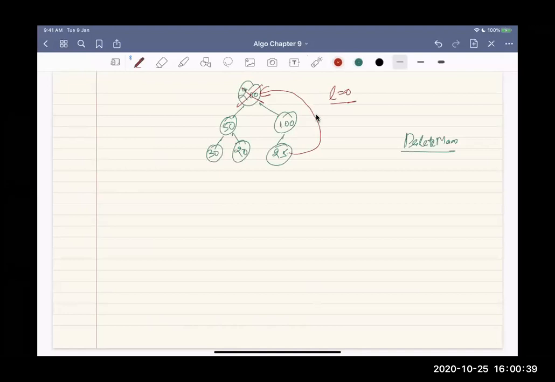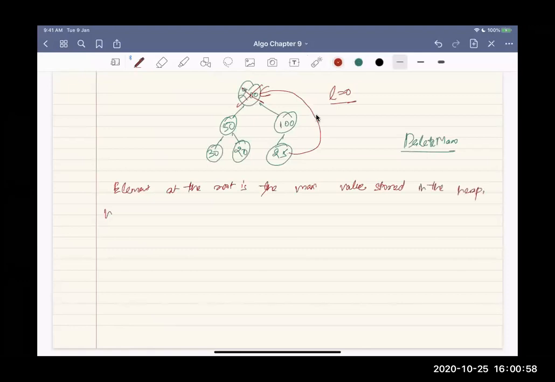The element at the root is the max value stored in the heap.